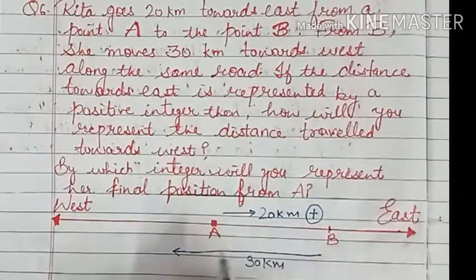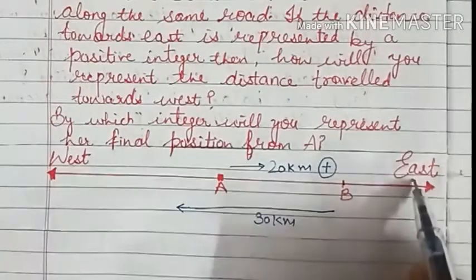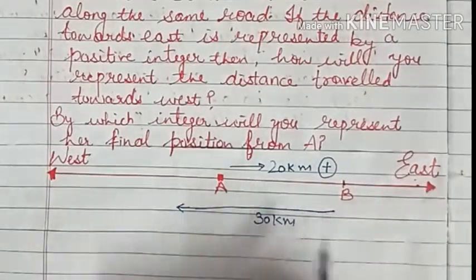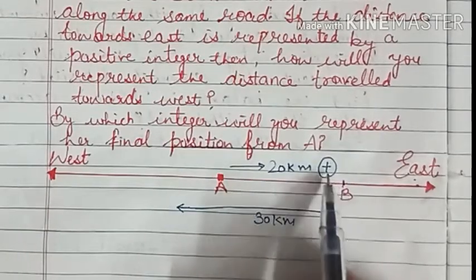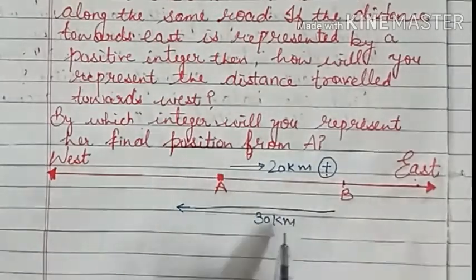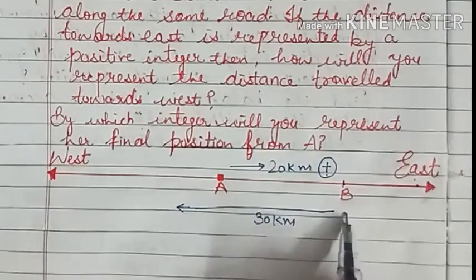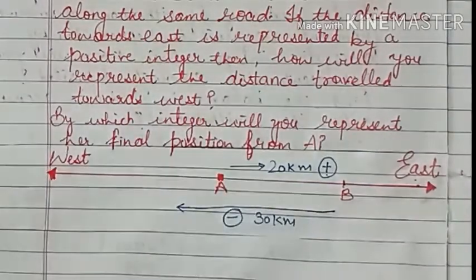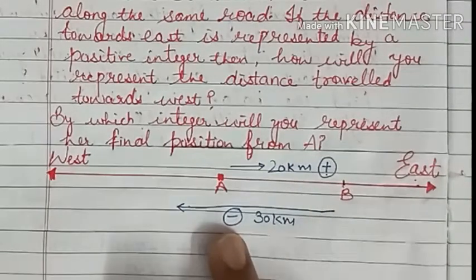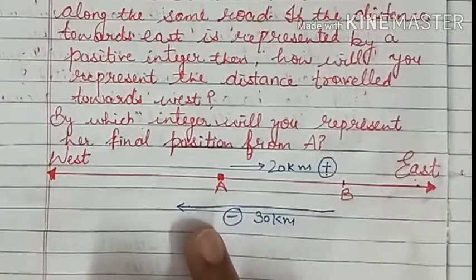It is obvious that east and west are opposite to each other. So if we are taking distance traveled towards east with a positive integer, then we will represent the distance traveled towards west direction by a negative integer.